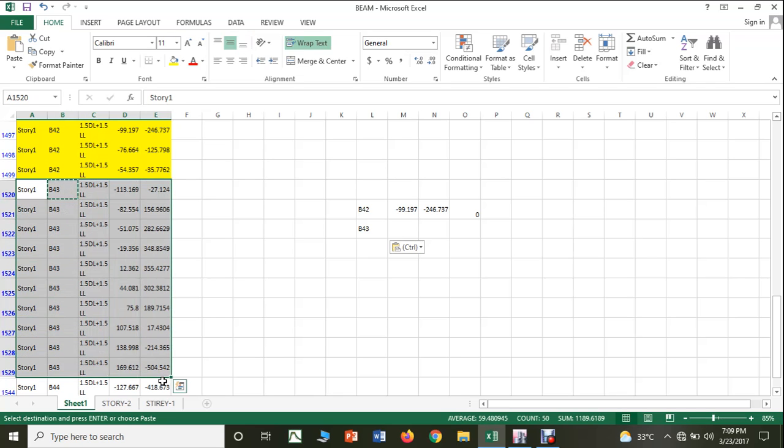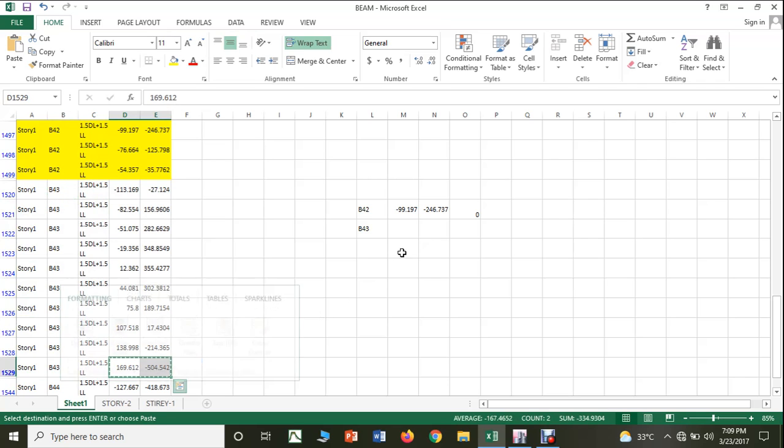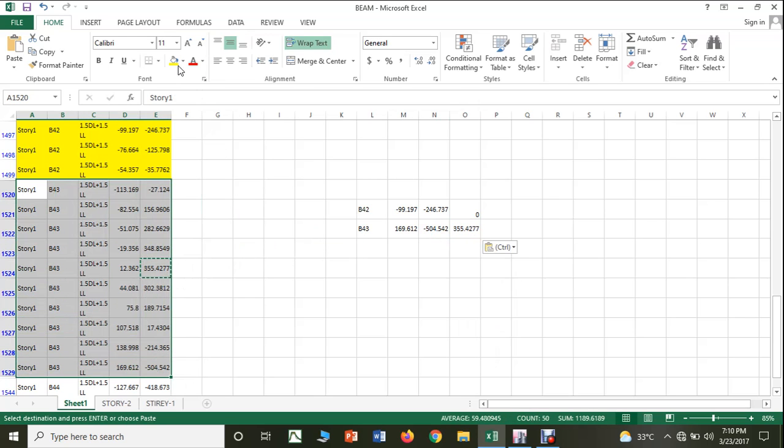Out of this many values, this is the highest and the positive will be 355. It is 43.